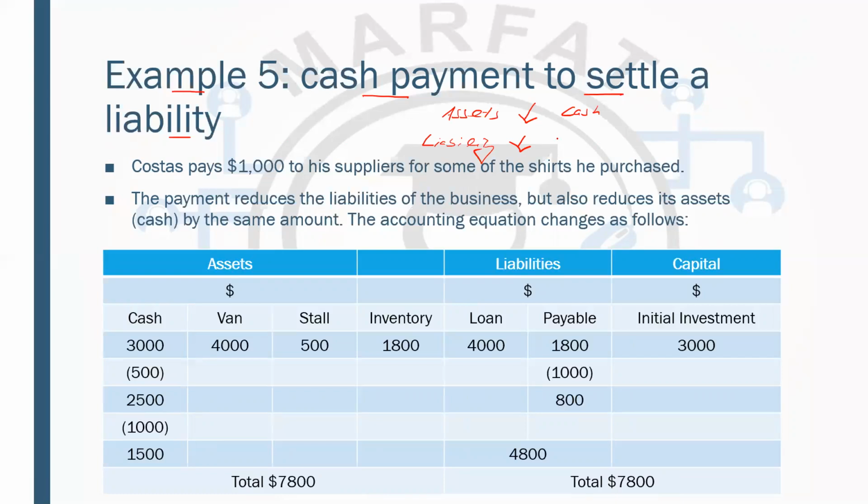This was the payable which you recorded earlier. So Costas pays 1,000 to his suppliers for some of the shirts he purchased. Now there will be a decrease in the cash of 1,000, and also a decrease in the liability. Again, the equation is balanced.